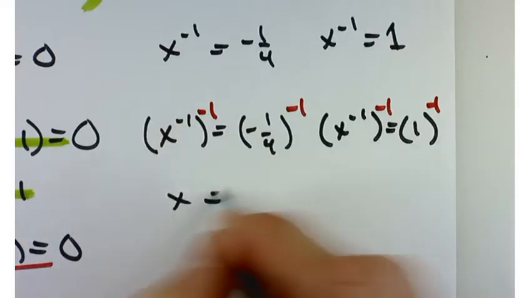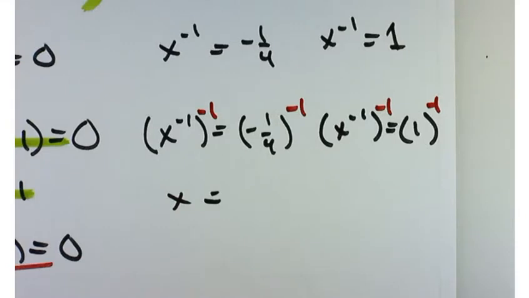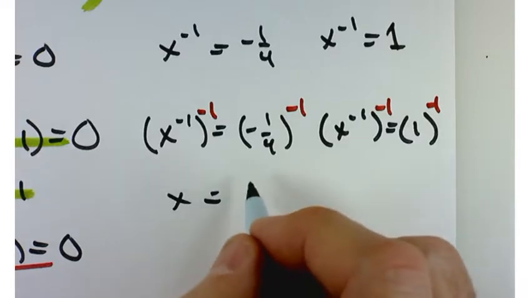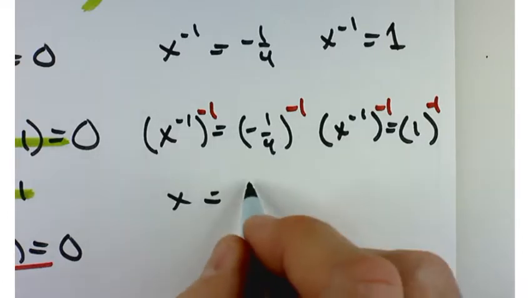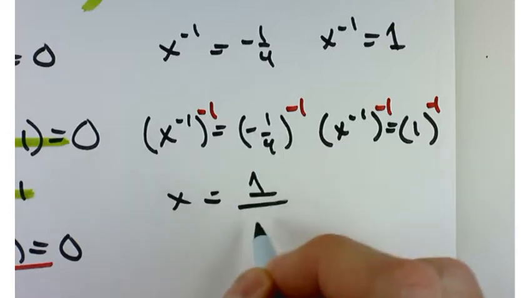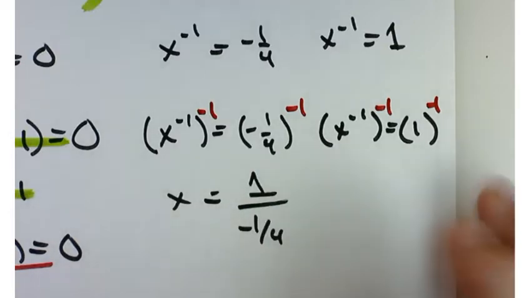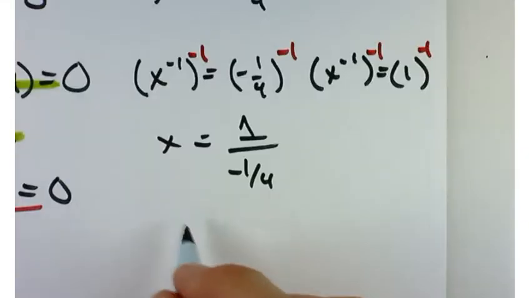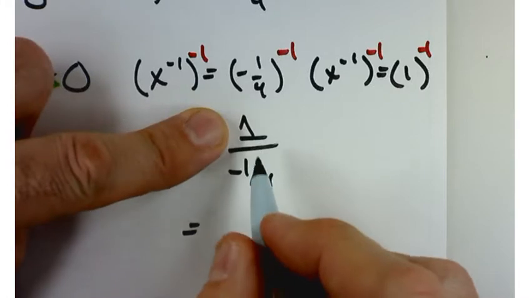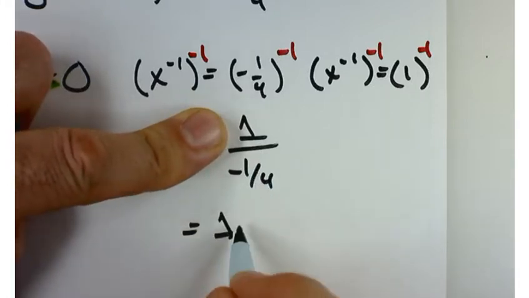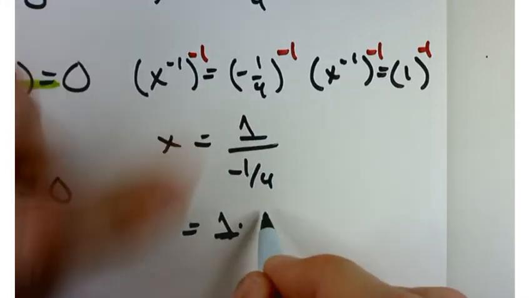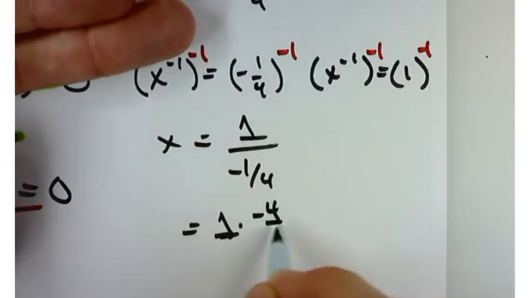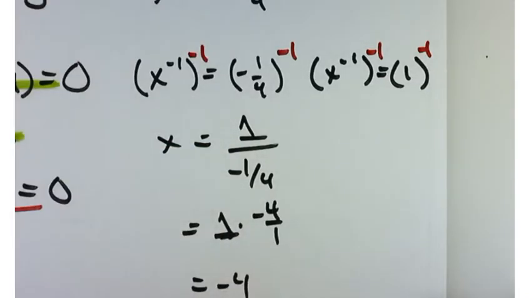Yay. What's the reciprocal of negative 1/4? Nice. Tell you what, let me do this one out slowly. When I take the reciprocal, one way to calculate it is to take that number and make it the denominator of 1. So 1 divided by your number gives you the reciprocal. Dividing 1 by this fraction is the same thing as multiplying by negative 4 over 1, which gives you negative 4.